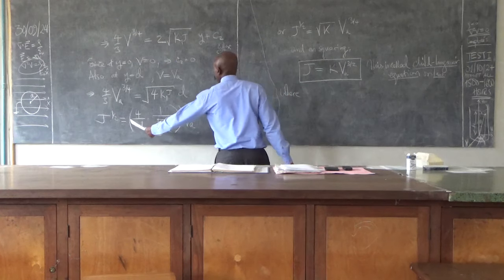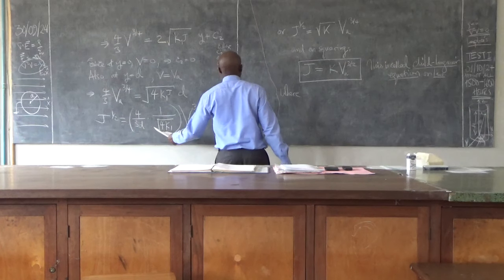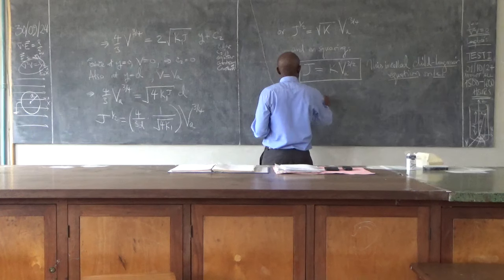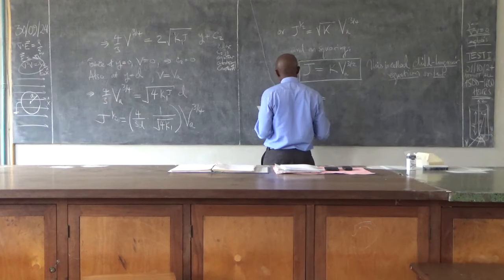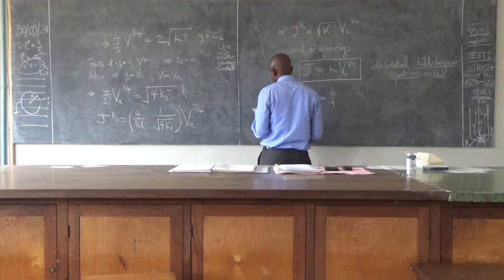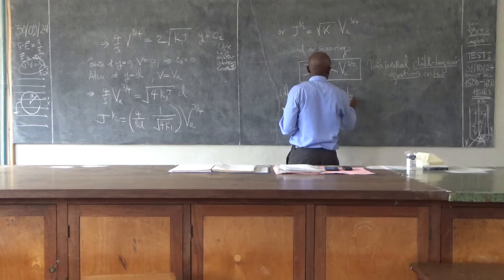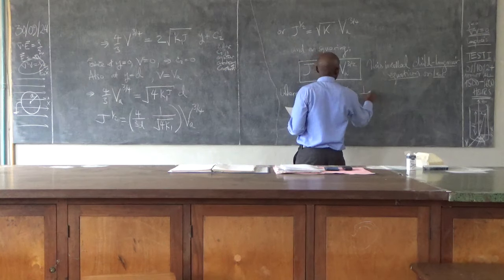Where this K, the K we introduced, is equal to 4 over 9, then 1 over D squared, 1 over K1.